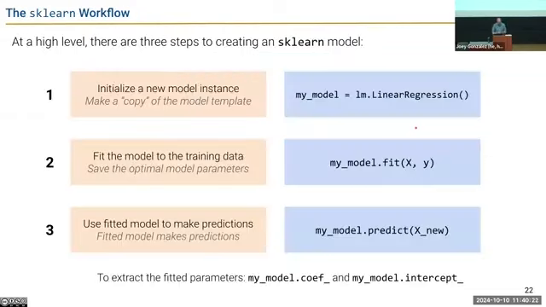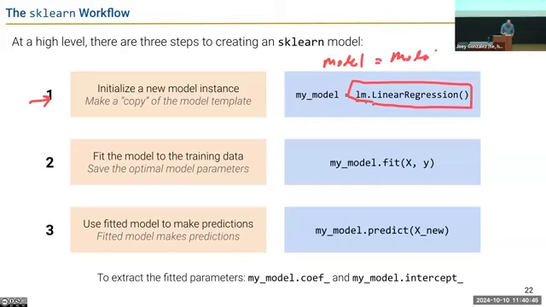All right, so here's the recipe for scikit-learn. It is this easy, and that is a problem. So step one, pick your model. So I'm using linear models, linear regression. That creates an instance of a model. In scikit-learn, a model is really equal to our model plus a loss.